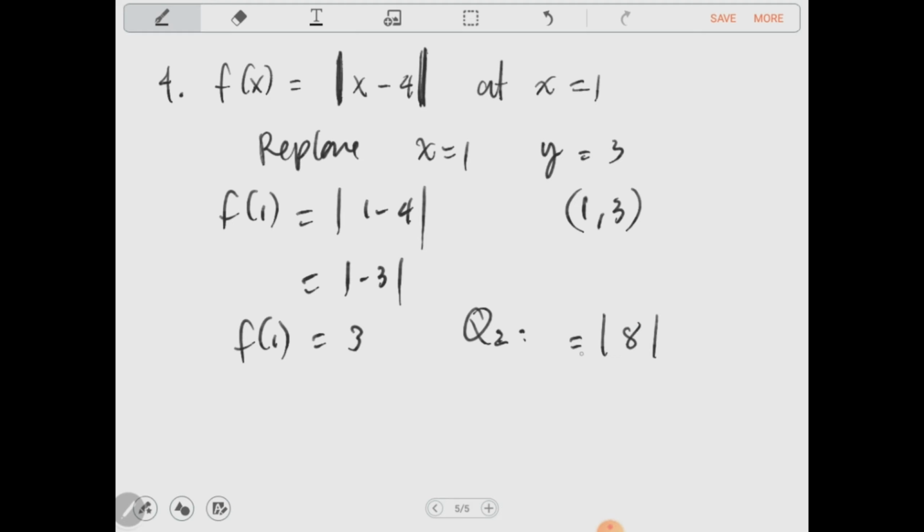So what's the answer? The absolute value of 8 is equal to 8. Okay, so it will not change to the opposite sign. The condition is when you have the absolute value, all the numbers must turn into positive numbers. So ibig sabihin, if it's a positive number, it will retain its value as a positive number.